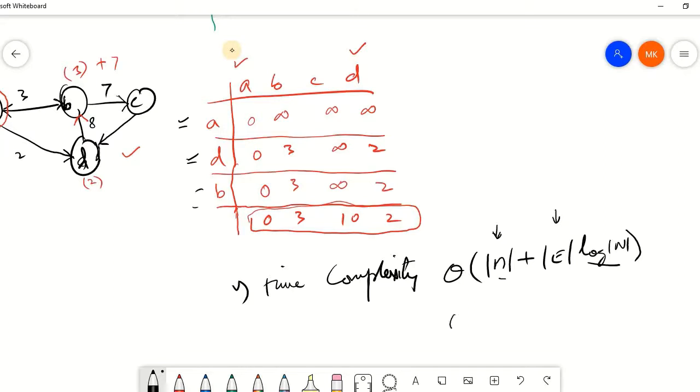Its complexity can also be represented as n into n, or n square, in case we do not use any intelligence and find the distance of all nodes from all other nodes. So we pick a node A without using any heuristics, and we find the distance from A to all the other nodes.